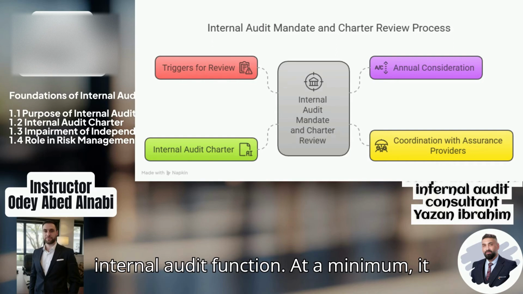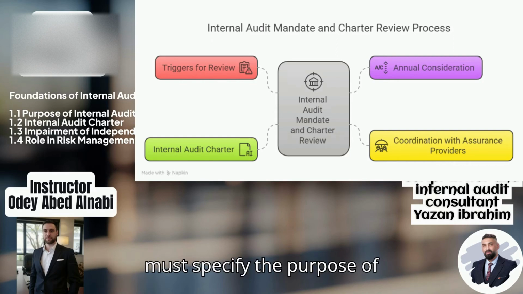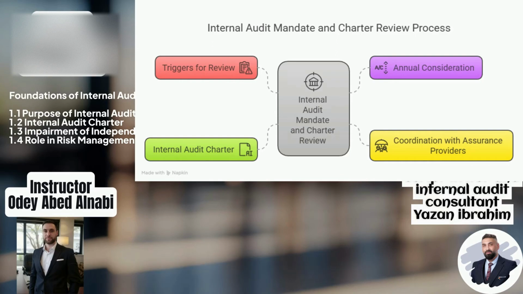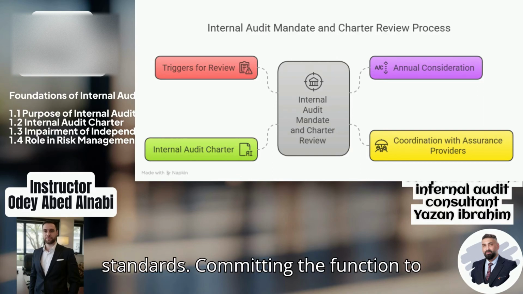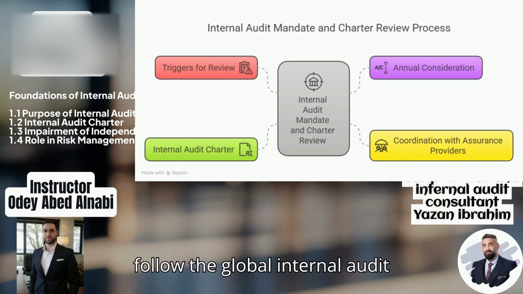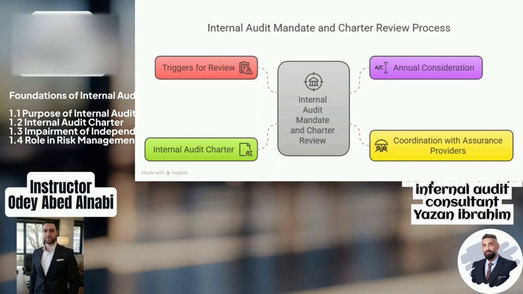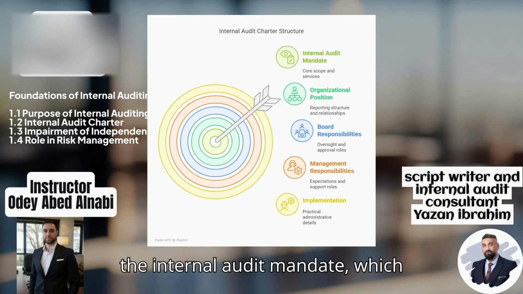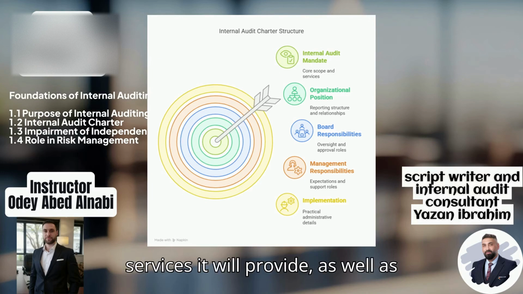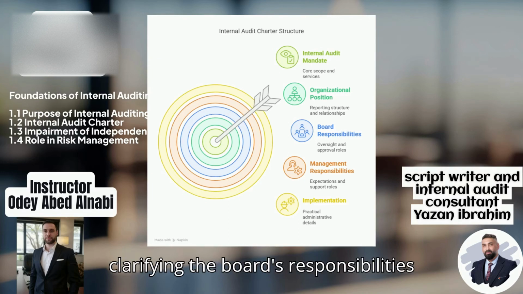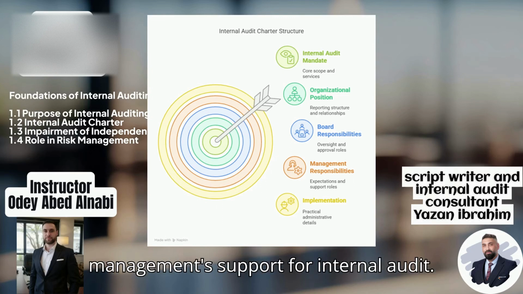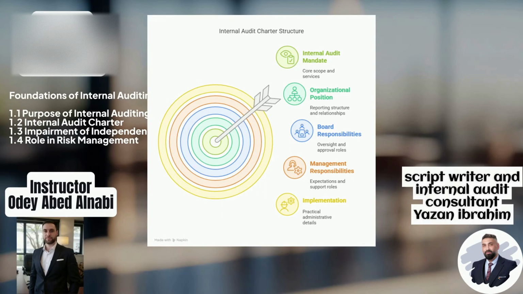At a minimum, it must specify the purpose of internal auditing, drawing from the definition we discussed, a statement of adherence to the standards, committing the function to follow the global internal audit standards, the internal audit mandate, which includes its scope and the types of services it will provide, as well as clarifying the board's responsibilities and its expectations regarding management's support for internal audit.